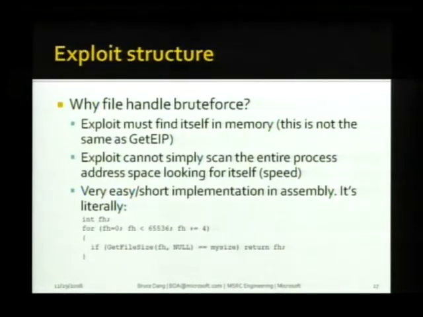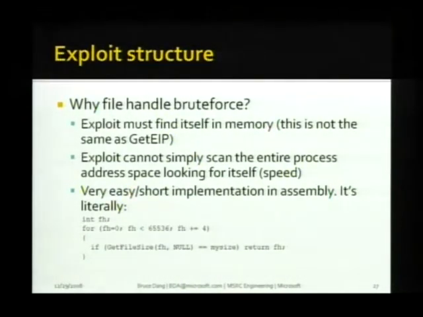The other way they can do it is to scan the entire process space and look for sentinel values, and then say, oh, once I see value 0x123, I know that's my file, and I'll start parsing. But in reality, that doesn't work because the entire process space is very big, and you don't want your exploit to take too long because people will get impatient. They'll just close it.